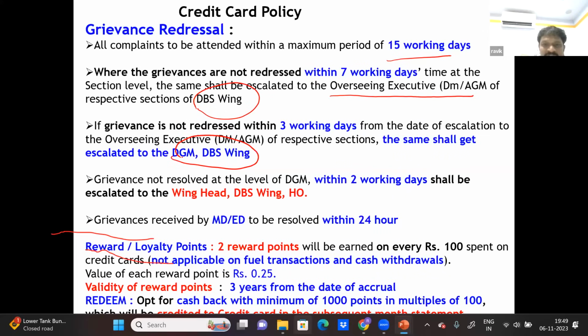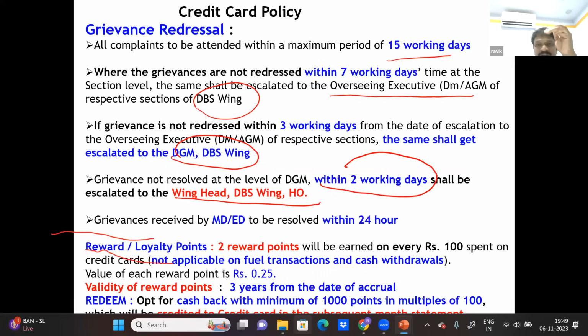Then if this grievance is not resolved by the DGM, DBS wing within 2 days, it will go to the wing head, DBS wing, HO. First 7 days, maximum 15 days, it should be resolved. So they have to keep within 7 days. After 7 days it will go to the overseeing executive. He has to do it in 3 days.